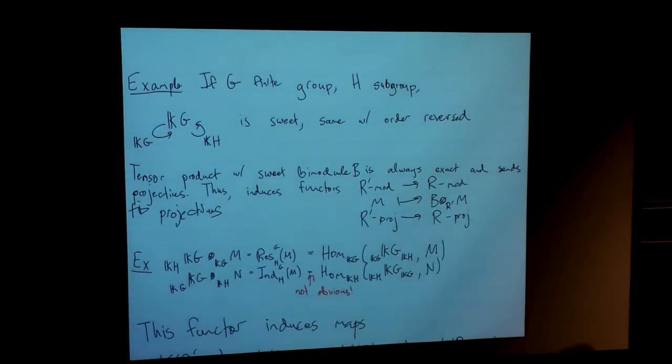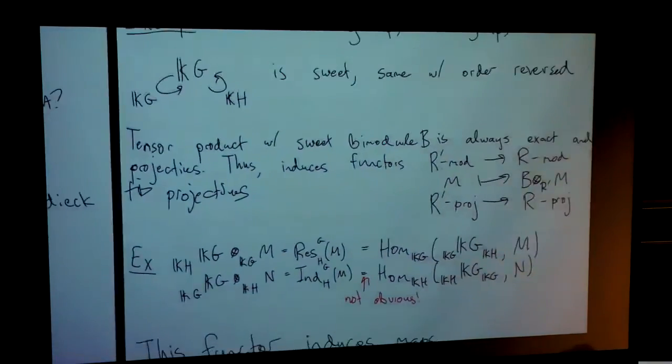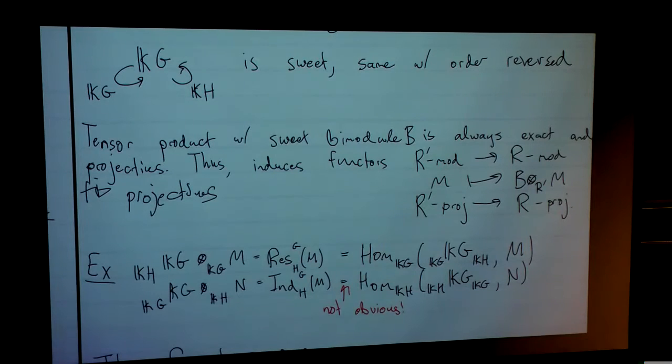The example you should think about is the one I introduced up above. If I think about tensoring K of G as a right K of G module and a left K of H module, what happens? I keep the same underlying vector space, but I've now changed the group action. So this is actually a restriction from G modules to H modules.